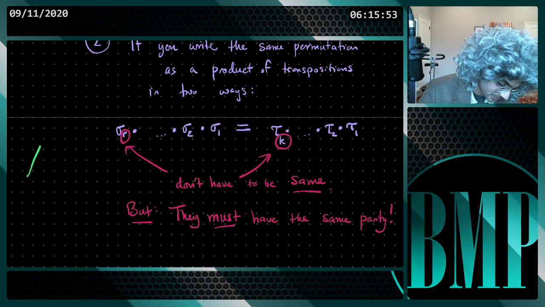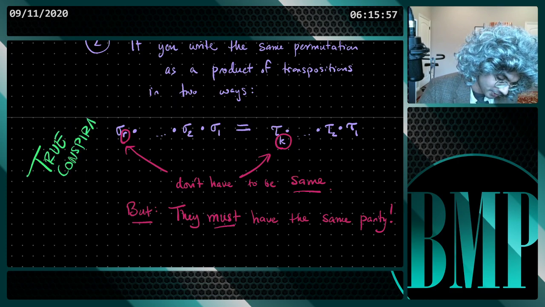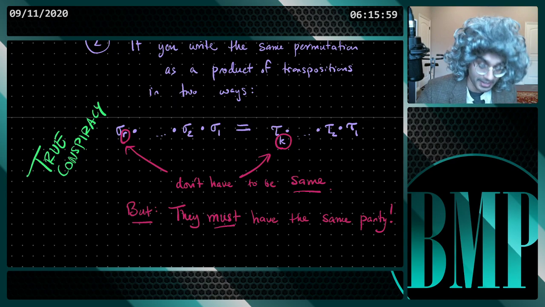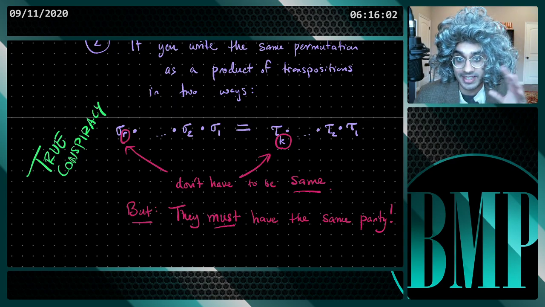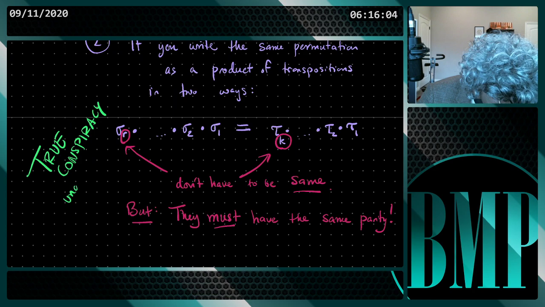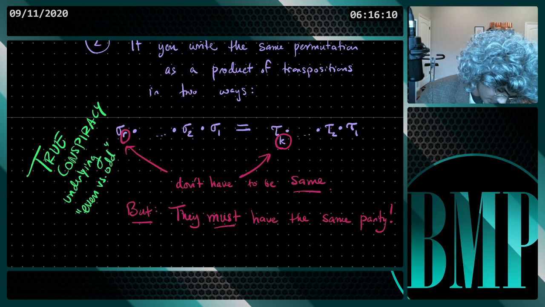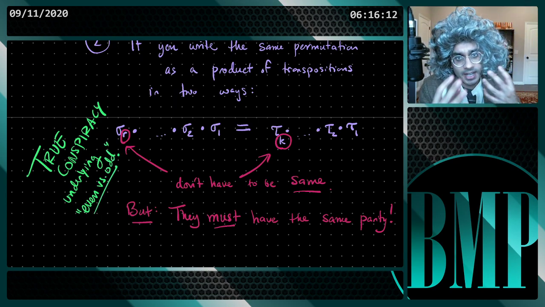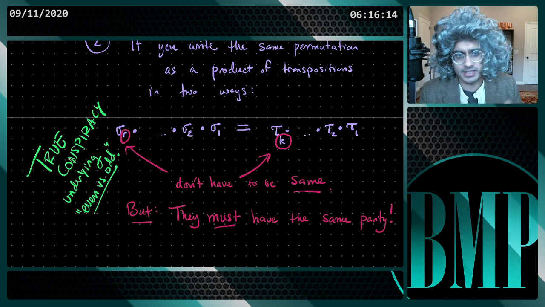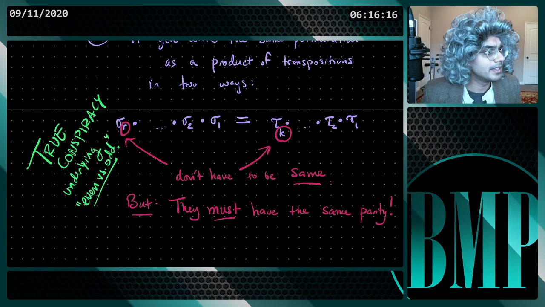This is the true conspiracy underlying the concept of even and odd, and it's where the words even and odd came from. So I'll prove this invariance of parity property next time.